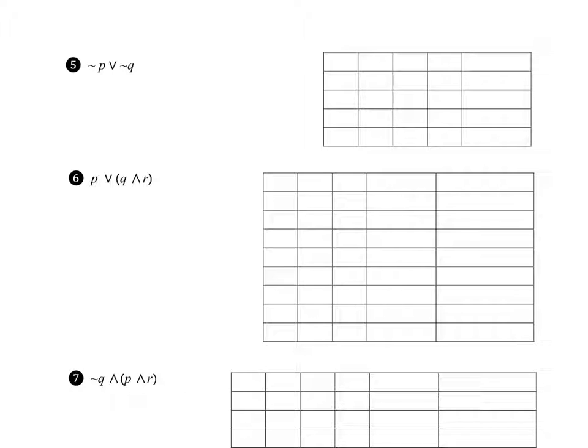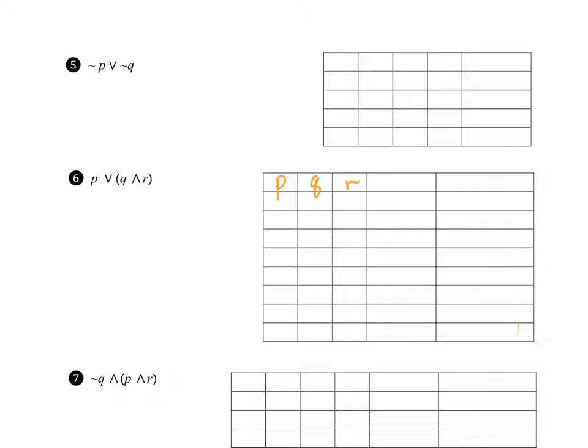And number 6 has 3 elements. You do it exactly the same way. So you have 3 statements, not elements: P, Q, R. In this case, it doesn't look like you need a negation. You don't need negation for any of the statements.